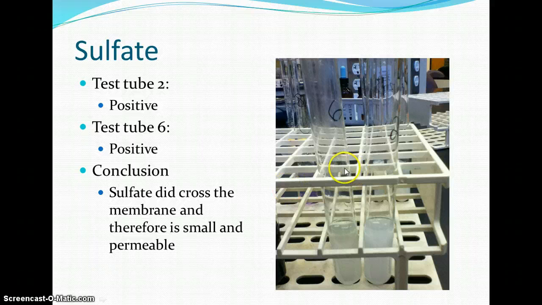When we tested for sulfate, we found both test tubes 2 and 6 were positive. As you can see, they both have that white color to them. And so that proves that sulfate did cross the membrane and therefore is small and permeable.